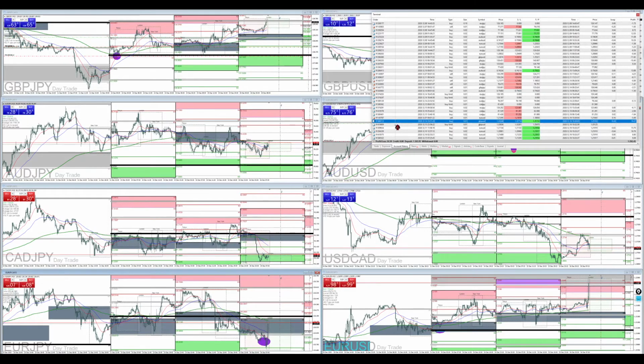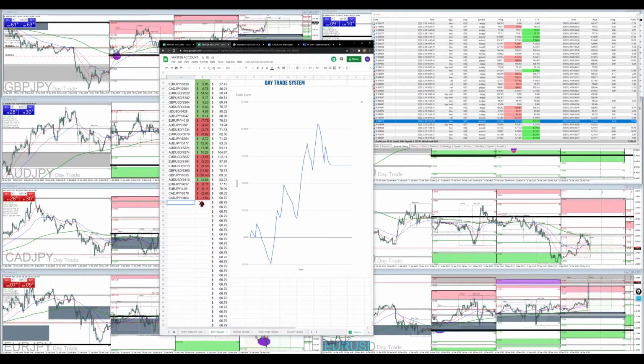So now we're into this guy right here, which is 80013, the pound dollar. Next one is the Euro USD 4339.